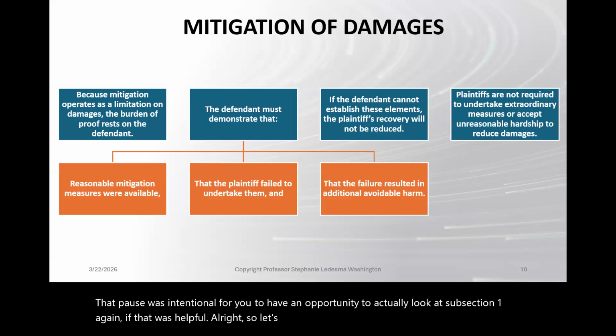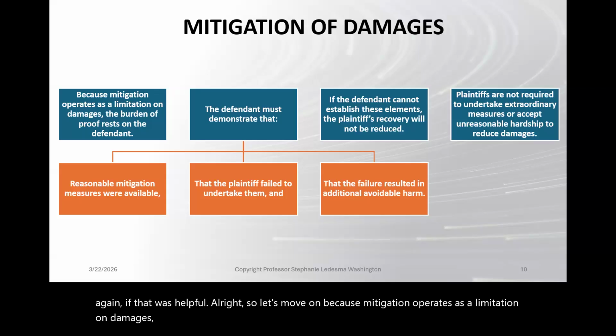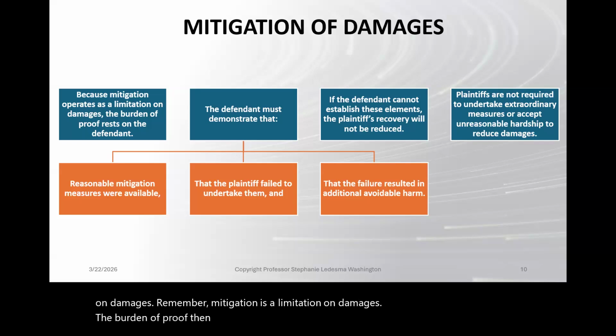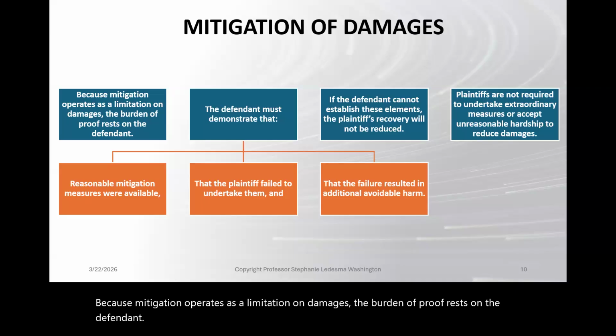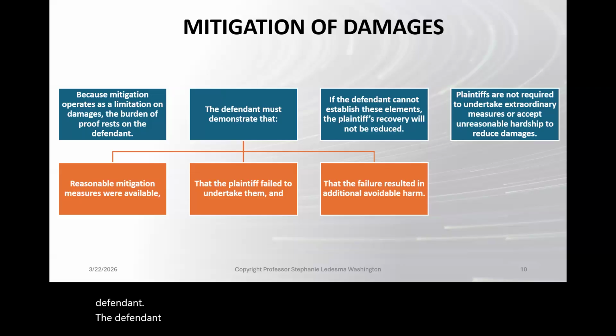Because mitigation operates as a limitation on damages, remember, mitigation is a limitation on damages, the burden of proof then rests on the defendant. Pay attention. The defendant must demonstrate that reasonable mitigation measures were available to the plaintiff.